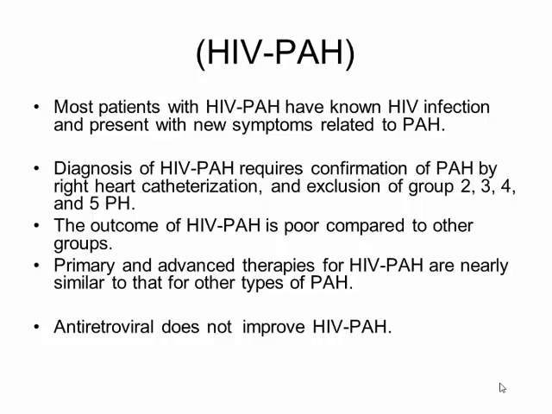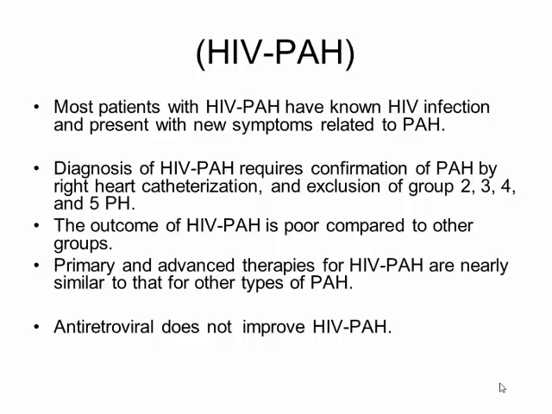Now, most patients have known HIV infection, and they will come up with new symptoms. So it's good to keep in mind that patients with HIV, no infection, no shortness of breath or dyspnea, might be worth to look for pulmonary hypertension as a reason.